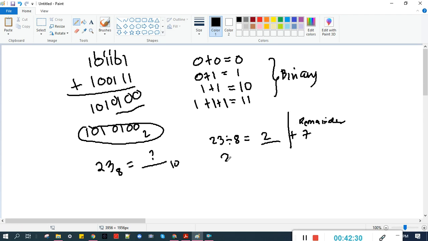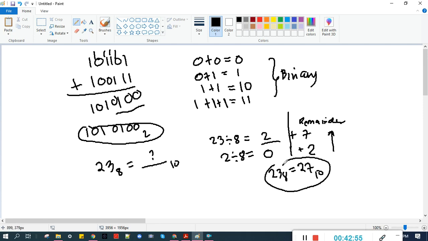Then 2 divided by 8, that's 0. Remainder. Then from the latest to the oldest, therefore 23 base 8 is 27 base 10. Check from your calculator. You can check from your calculator whether this is correct. Try.